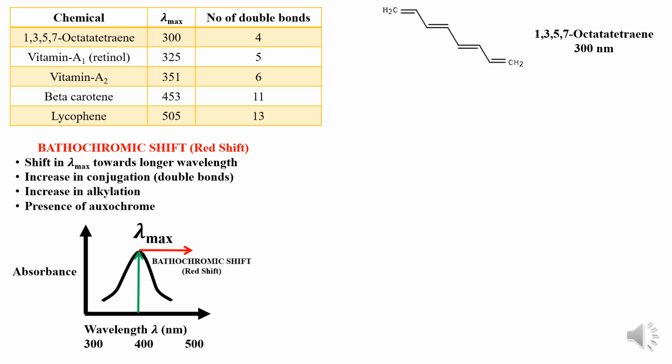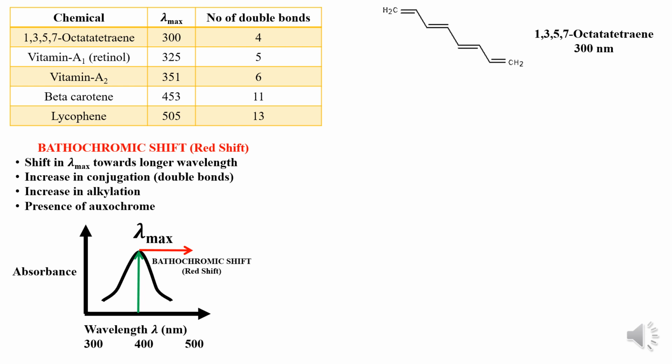In case of 1,3,5,7-octatetraene, it has a lambda max of 300 nanometers. That is to say, this particular compound has a maximum absorbance of radiation in this particular wavelength, that is at 300 nanometers.